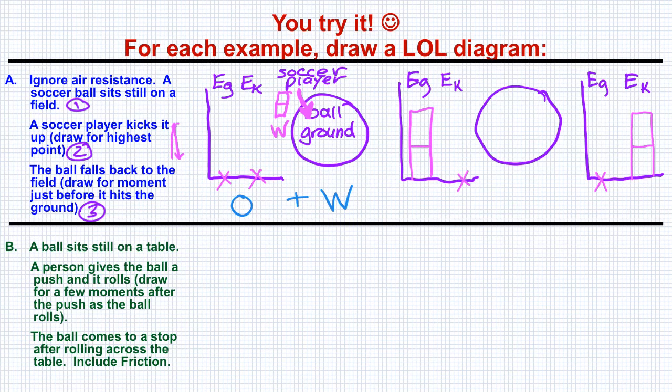And that has to equal all the energy in the second L. And all that energy is gravitational. I don't add or subtract anything here. And that gravitational energy has to equal the kinetic energy at the end.